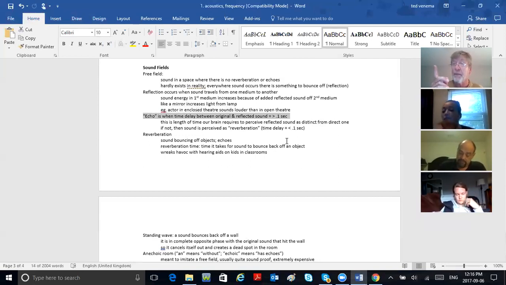That's an echo. But if I'm in a gymnasium bouncing a basketball, you've all heard a basketball bouncing in a gymnasium. It's not really an echo because the reflected sound is less than 1/10 of a second after. That's reverberation. What you're hearing, that extra echo, is not truly an echo. It's called a reverberation, because the reflected sound is less than 1/10 of a second after the original.